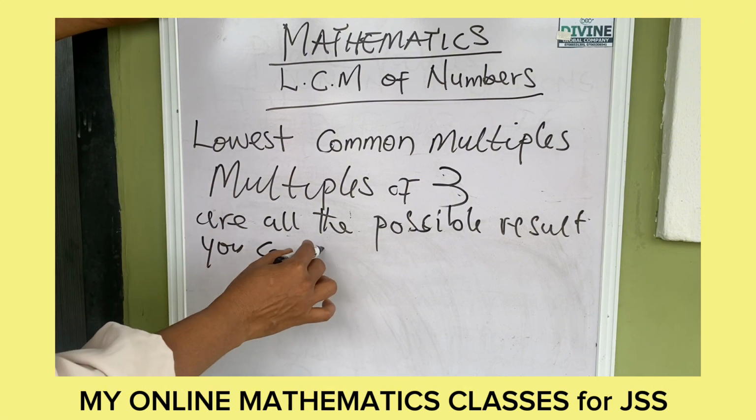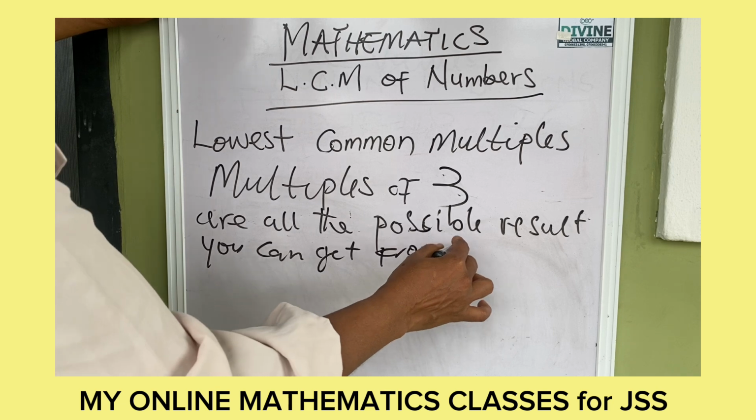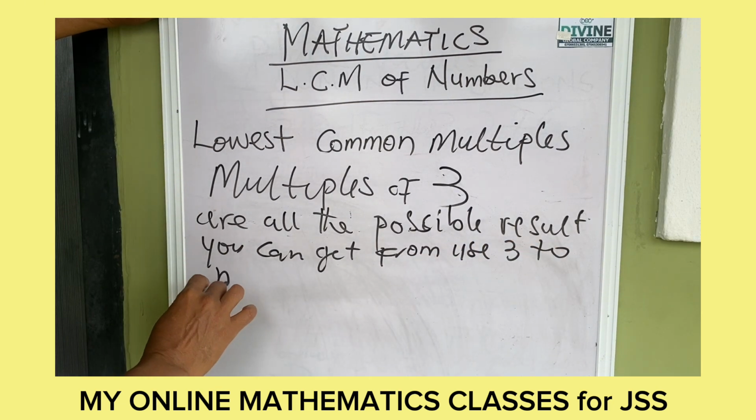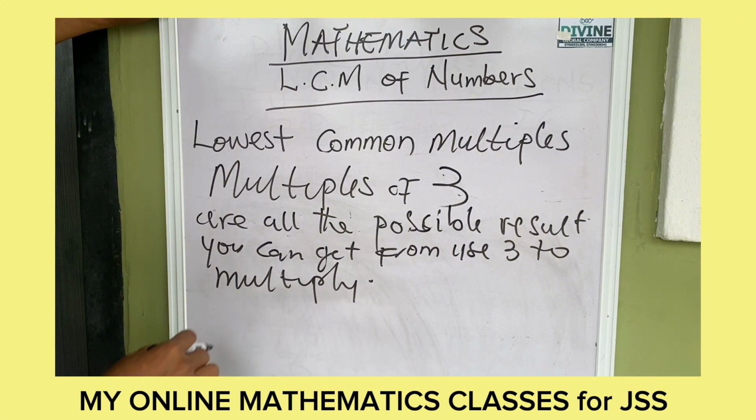So for instance, when you say 3 times 1, 3 times 2, 3 times 3, like that, or we can refer to them as counting in 3. So 3, you now say plus 3, you say plus 3 again, just like that.